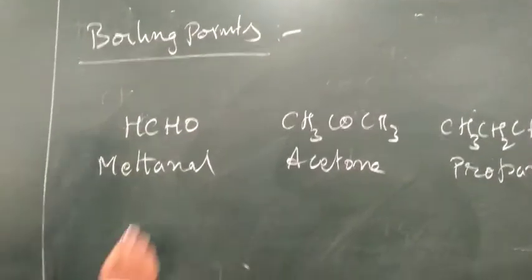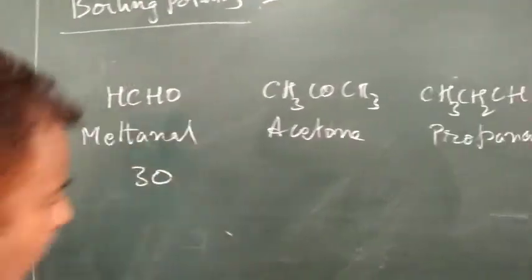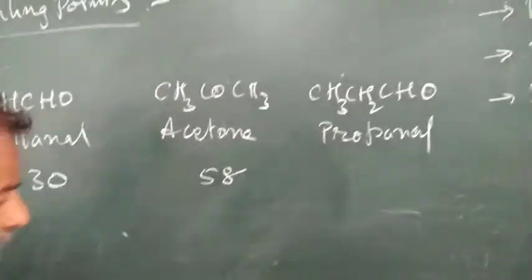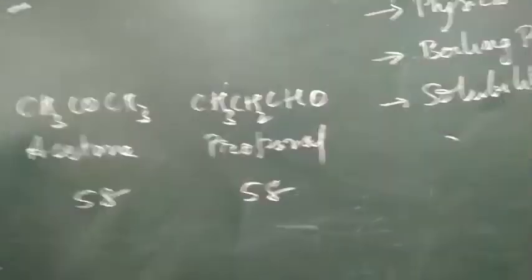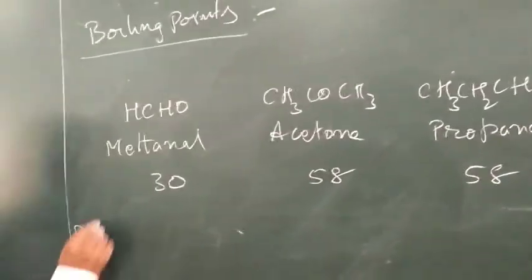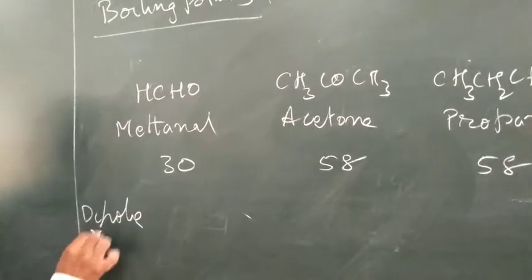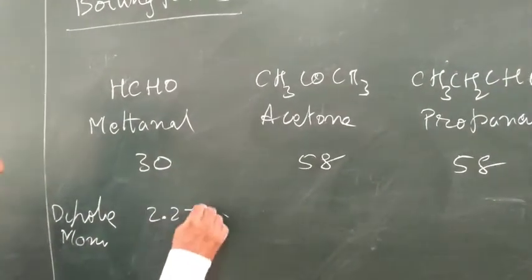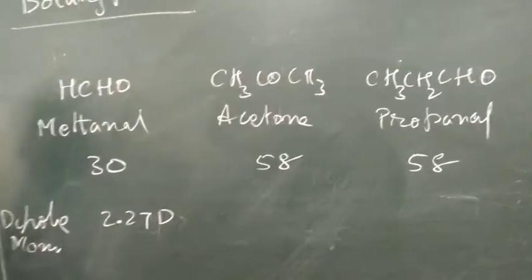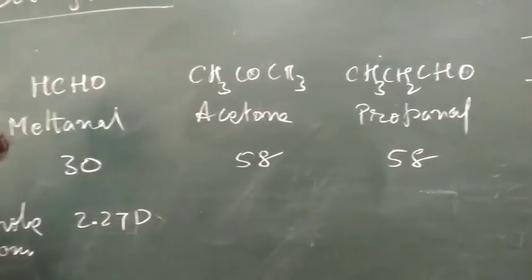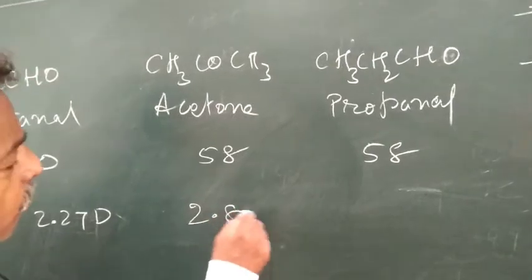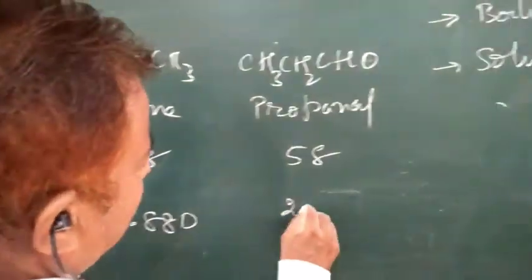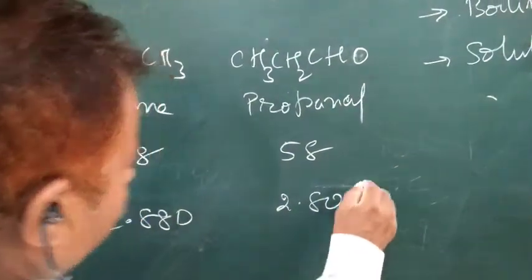The molecular masses are 30, and here 58, and here also 58. And the dipole moment here is 2.27 D. D stands for debye, which is a unit of dipole moment, and here it is 2.88 D and here it is 2.80 D.